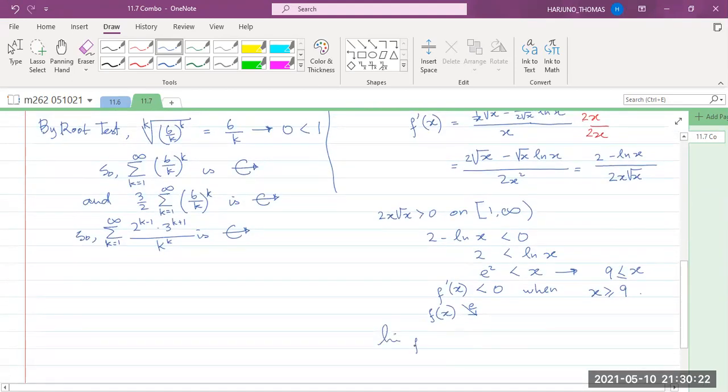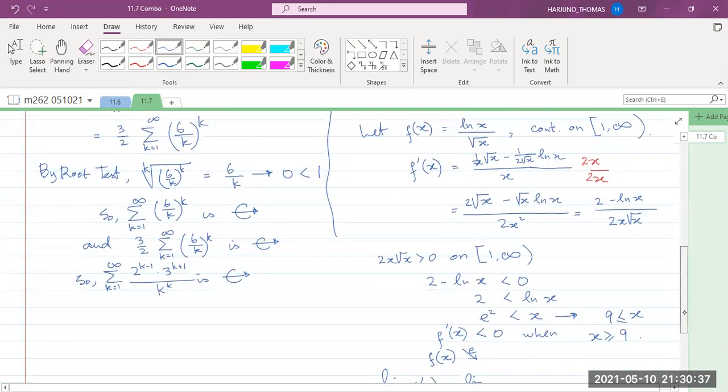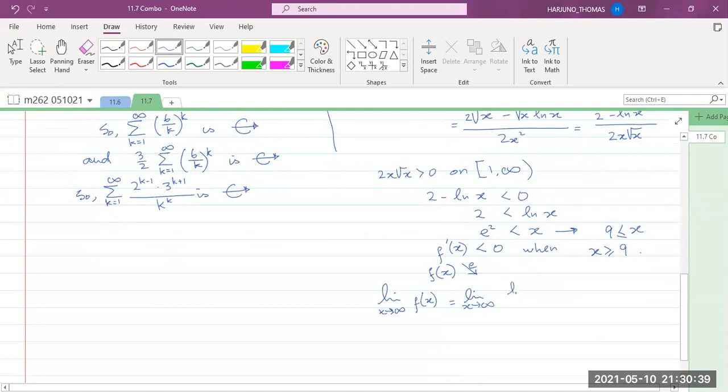Limit of f(x) as x goes to infinity. This is by L'Hopital's rule.